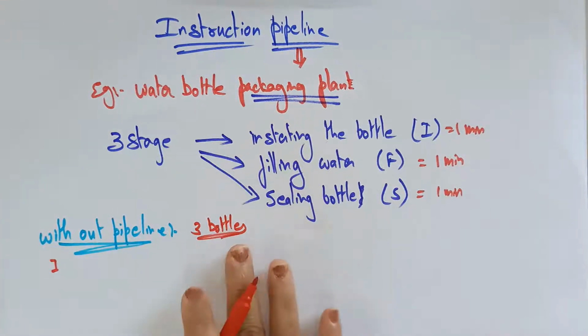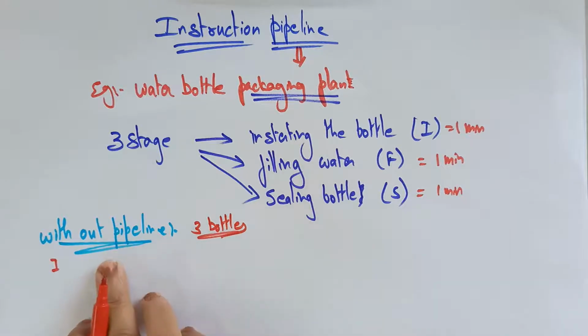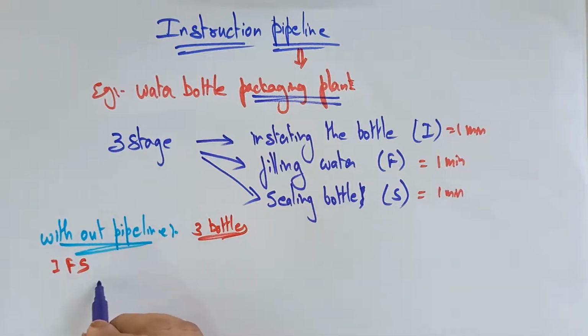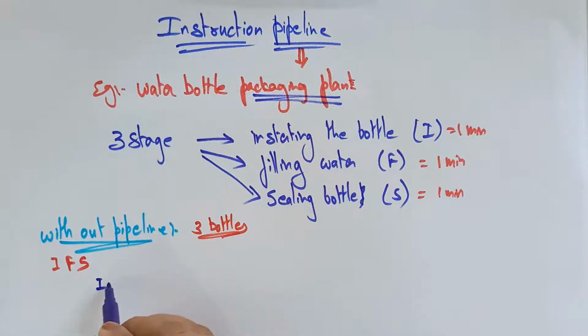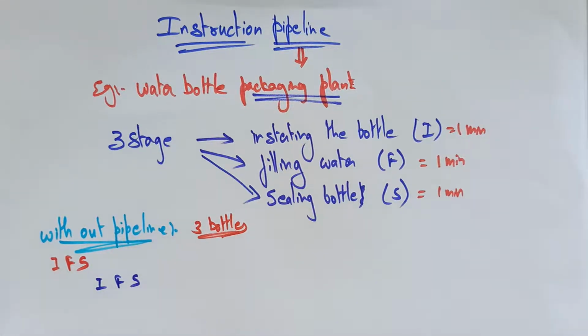For the first bottle, without pipelining, first they insert the bottle, next fill the water bottle and then seal the water bottle. After the completion of the first bottle's work, the next bottle enters: inserting, filling and then sealing. After the completion of this work, they take another bottle: inserting, filling and sealing.